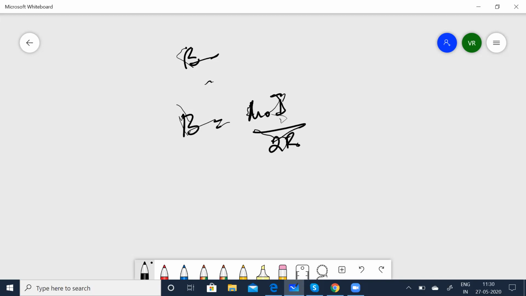But this is now going to be a half loop. Okay, you can see that it is a half loop. So it is now going to be half of mu 0 I by 2R. Having known all the values, it's going to be pretty easy.